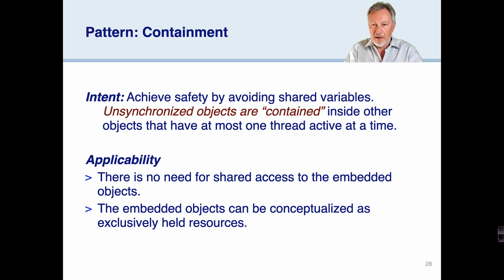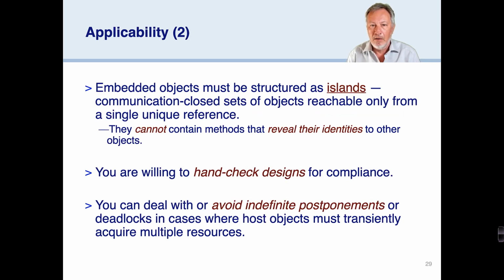If you and I are threads, I have something, I can do something with it. Once I'm done, I can pass it to you, you can do something with it, but then I can't access it. The embedded objects have to be structured as islands, so they're communication closed sets of objects reachable only from a single unique reference.